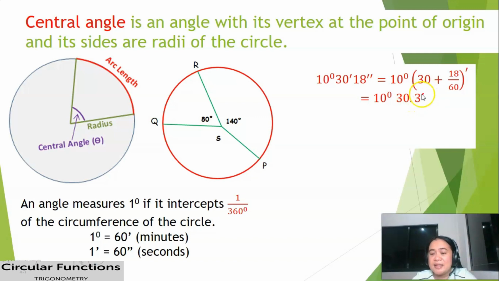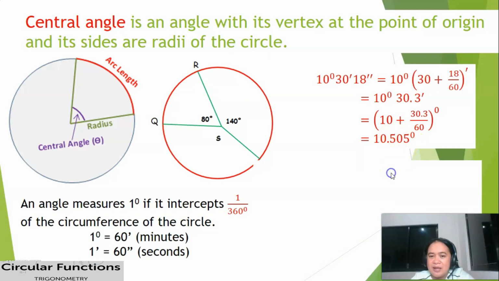Since this is still in minutes, let's convert this to degrees. So that would be 10 plus 30.3/60 degrees. Simplifying further, we get 10.505 degrees.